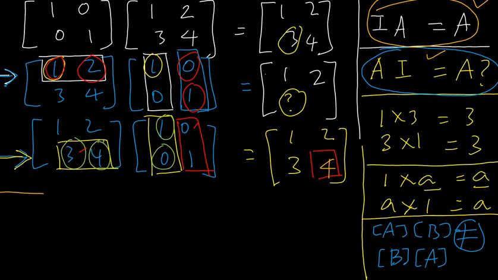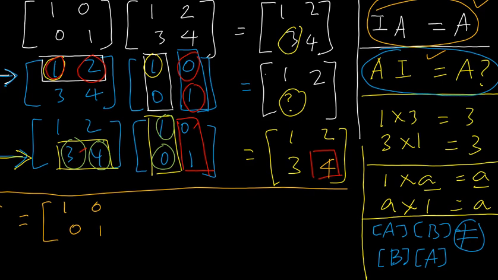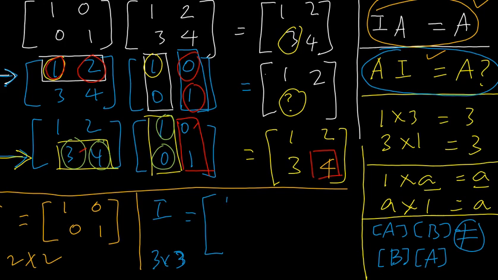So we can make a conclusion here that the identity matrix for 2 by 2 is 1, 0, 0, 1. Yeah, for the 2 by 2 matrix. What about the identity matrix for 3 by 3? Can you guess? Okay, of course you have 3 elements here. Start with 1.